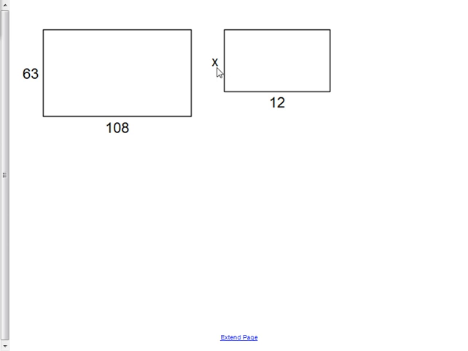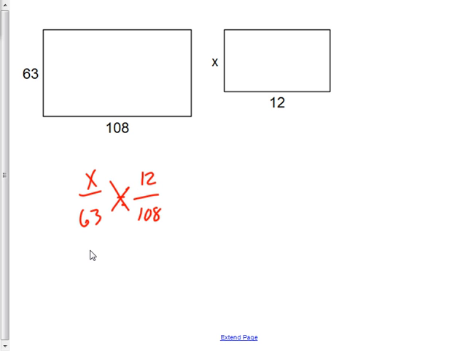Going on to the next one, again, you want to match corresponding parts. So I'm going to put x over 63. And then I'm going to put 12 over 108. Okay, again, my smaller rectangle, both parts are on the top, and x is a smaller side, and it matches with 63. So everything is corresponding.